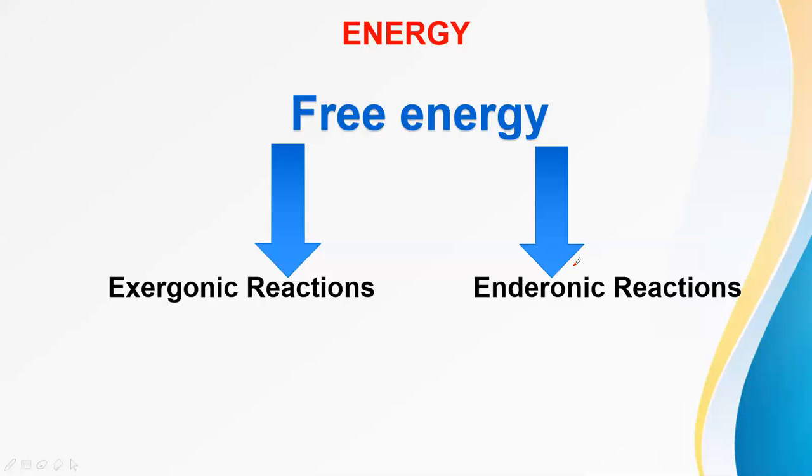So endergonic reactions are non-spontaneous chemical reactions. They absorb energy from the surroundings, like photosynthesis. In photosynthesis, the reactions occur step by step, and they use energy from the sunlight, like the surroundings.